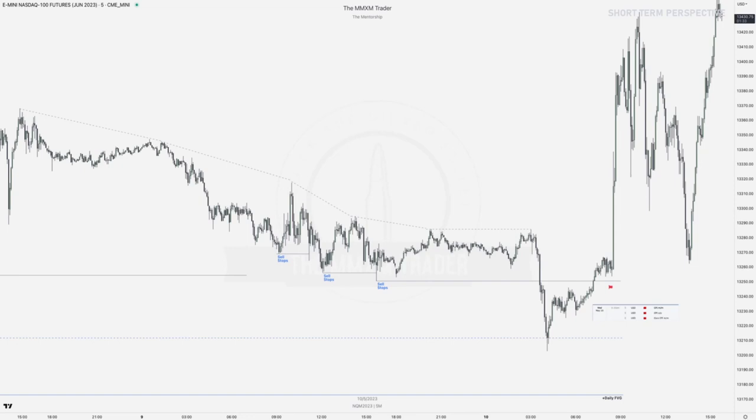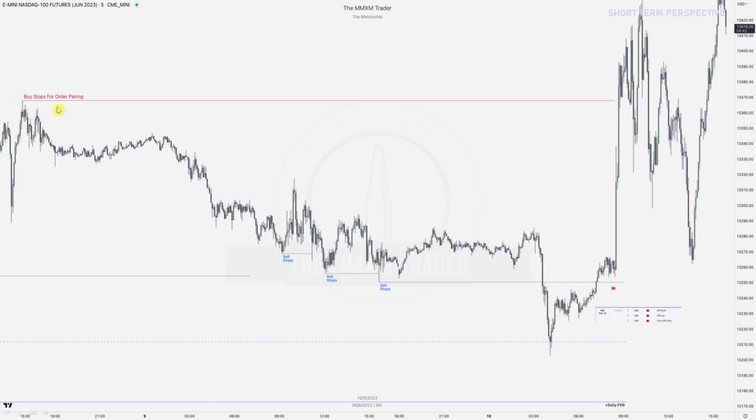So this is just an example. And again, I don't advise trading CPI. We've got those buy stops up here for order pairing, which makes sense, right? There's no order pairing anymore down here because we already took out those sell stops prior to that news event, and all that engineered liquidity has been taken out with that news release.